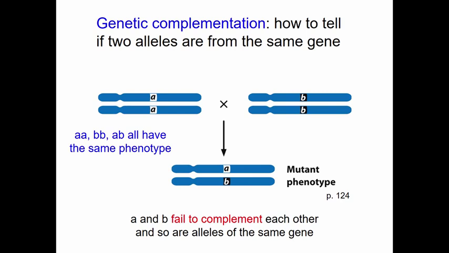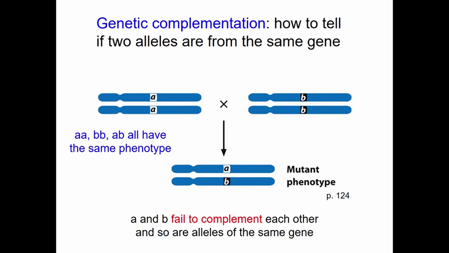So in whatever set of crosses you have to do that, usually they'll just be crossing one to another, unless you're working with sterile genes like we're doing in the lab. You take one mutant homozygote, that's A, it's homozygous for little a, it's going to have the mutant phenotype, cross it to another individual that is homozygous for mutant B, it's got the mutant phenotype too.